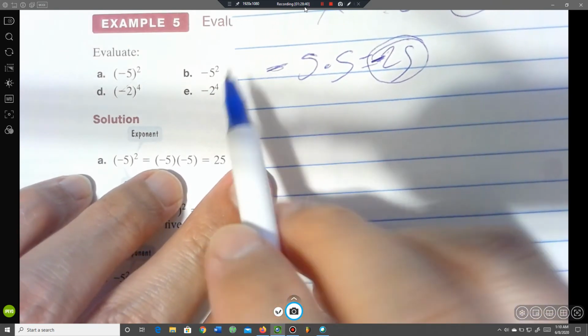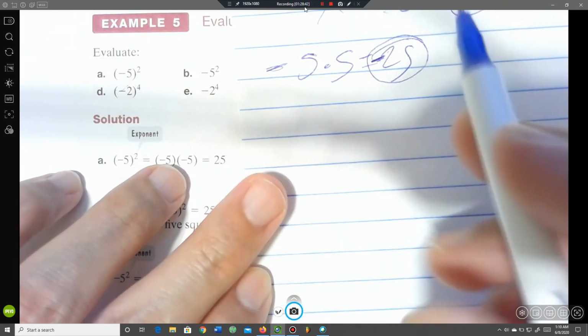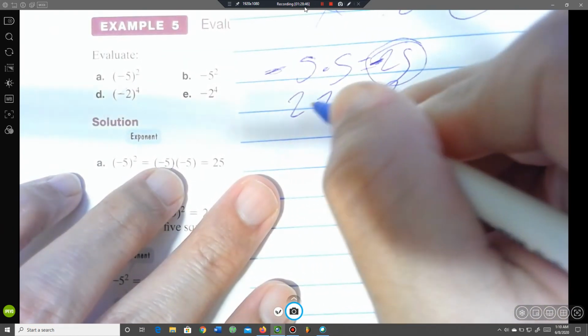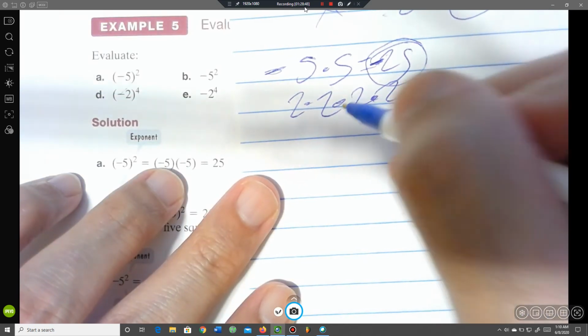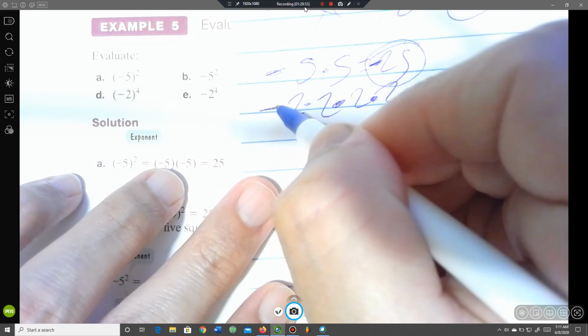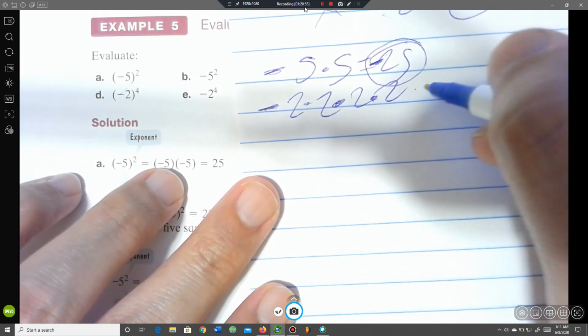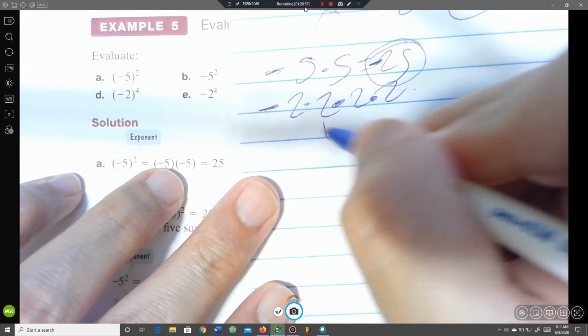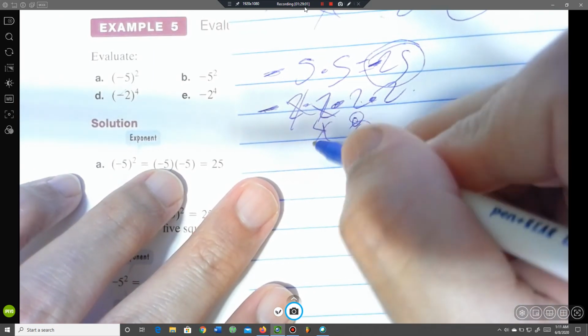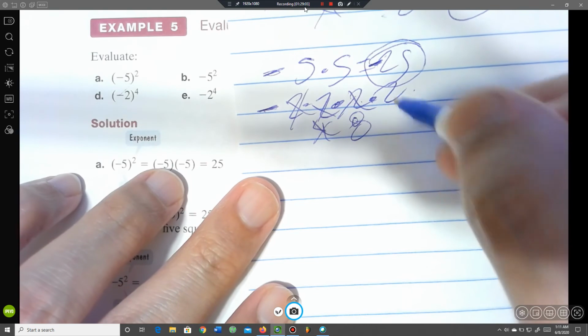Okay, let's practice again. That 4 tells you to write that 4 times, and of course multiply, because that's what an exponent does. Just leave the sign somewhere over here. 2 times 2 is 4. 4 times 2 is 8. 8 times 2 is 16.